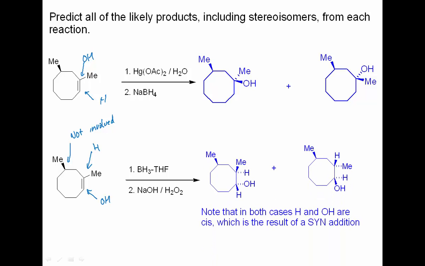So these are the 2 products that you should get. Note that both of them have the same feature, that the new hydrogen and the OH group added to the same face. And there's 2 orientations relative to the methyl group that was already in the molecule. So these are the 2 hypothetical products that you could form here.